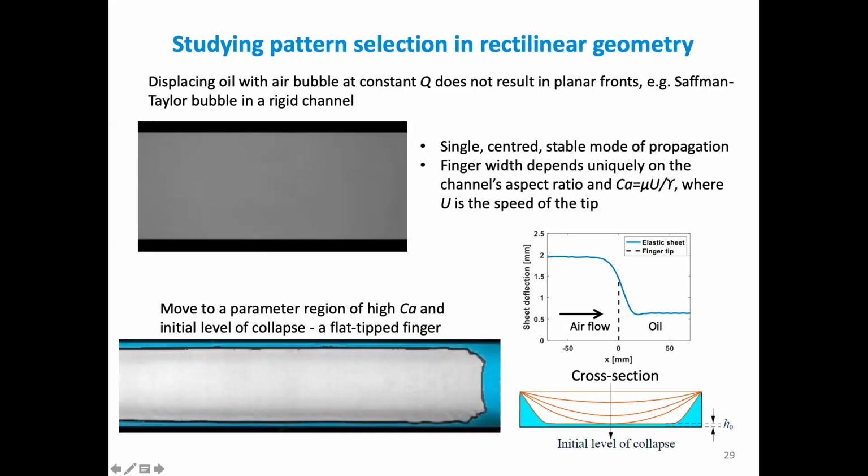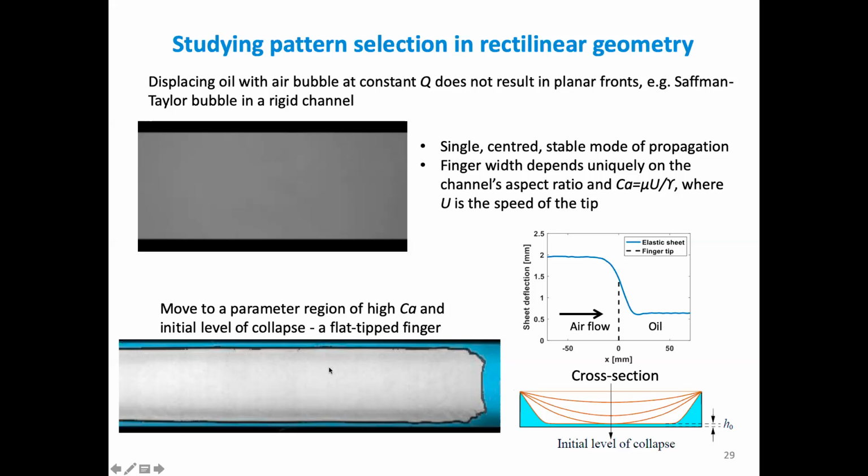In order to achieve a bubble that moves at constant speed and is flat at the front, you need to move in parameter space to a region of high Reynolds number and high initial level of collapse. In that case, you can get a flat tip finger.